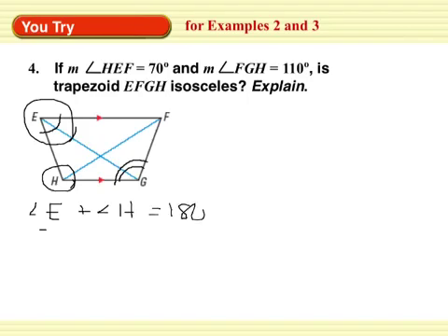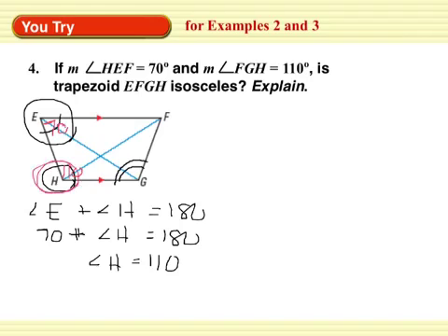If E is 70, then angle H is 110. And angle H is now congruent to angle G. Angle H is congruent to angle G.